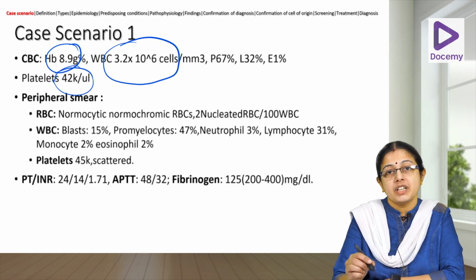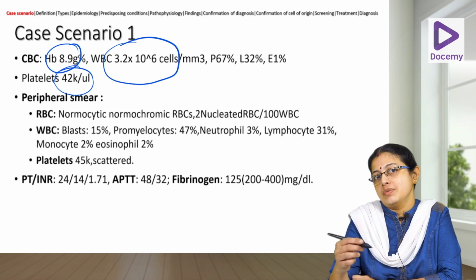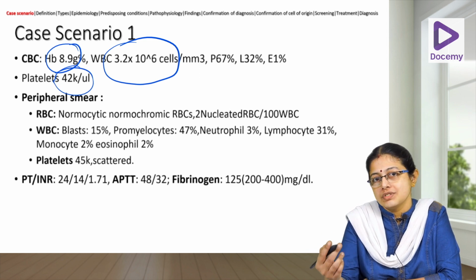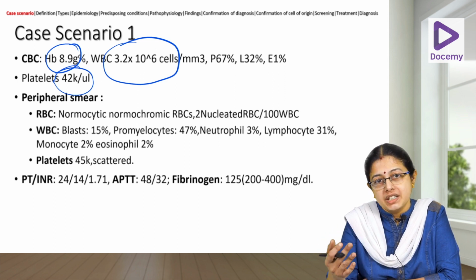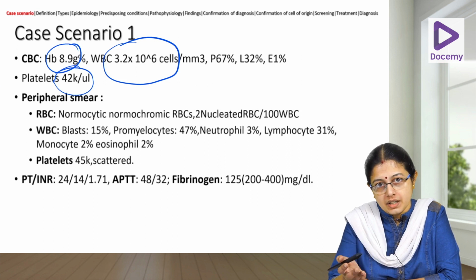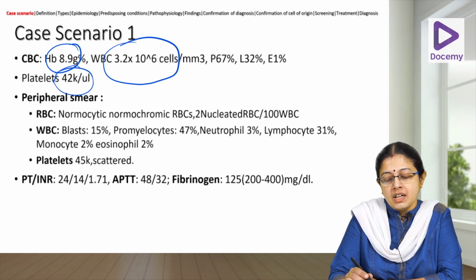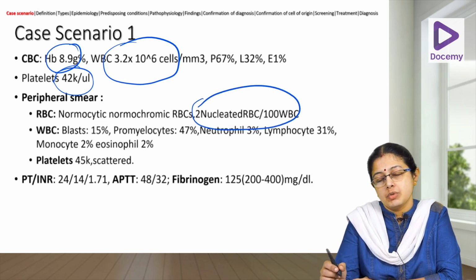Now, when you look into the peripheral smear, you have normocytic normochromic RBCs, which rules out most of the nutritional problems like B12 deficiency, folic acid deficiency, iron deficiency, and all. So it is not a nutritional deficiency. And this particular finding, 2 nucleated RBCs per 100 WBC.